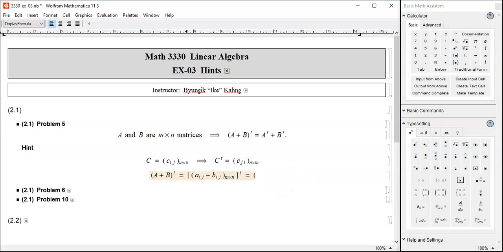And in matrix component expression, what is this? Well, that's something you have to figure out. Okay, let me give you this hint. Row is becoming column, column is becoming row, so we have to have n by m instead of m by n.